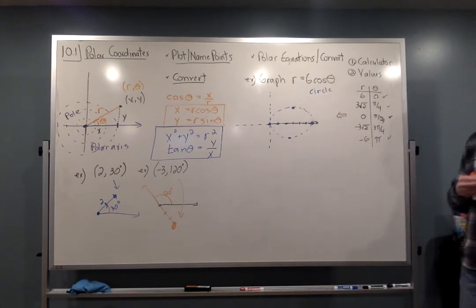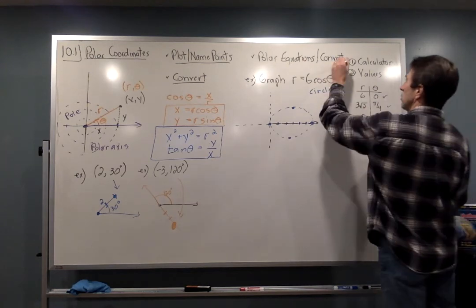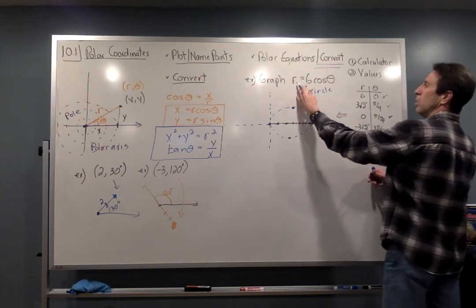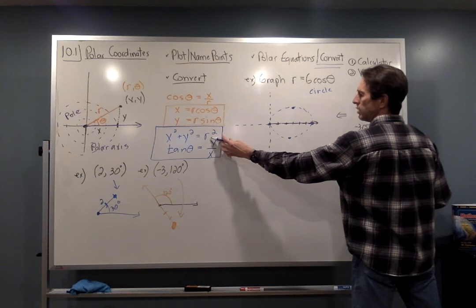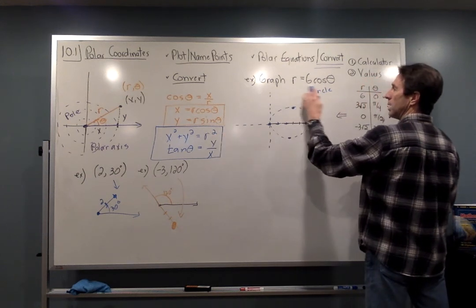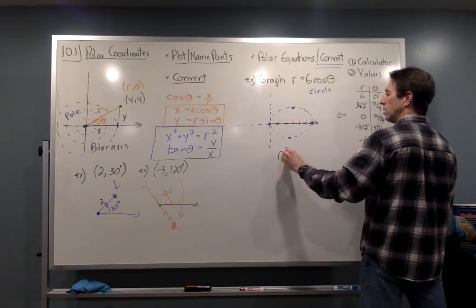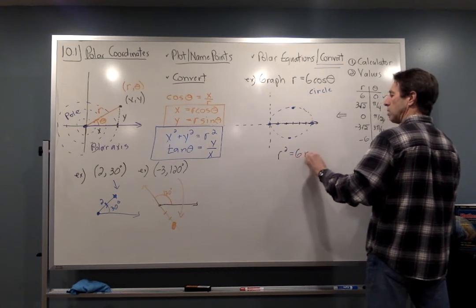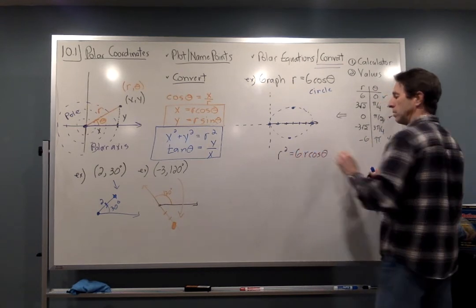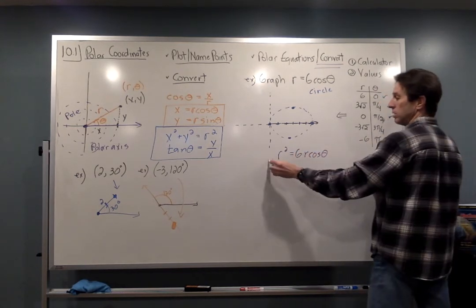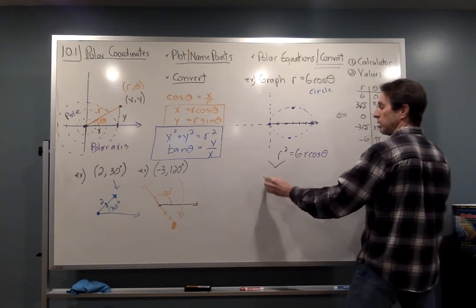Now let's see how we can maybe use that in terms of a conversion, okay? So here we'll convert. What I'm going to do, because I want to make use of this, is multiply both sides by r. So I get r squared equals 6r cosine theta. Couple things you notice. This is just x squared plus y squared.